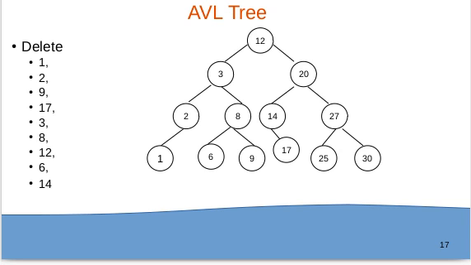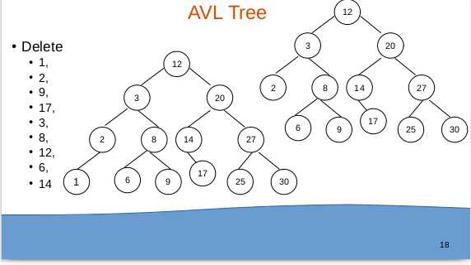Now I am showing you some deletion operations. So this is our tree. We want to delete in this sequence. So when we delete 1, it has no child, so it is deleted as it is, and after deletion we have to check its balancing factor from where it is deleted to its root.